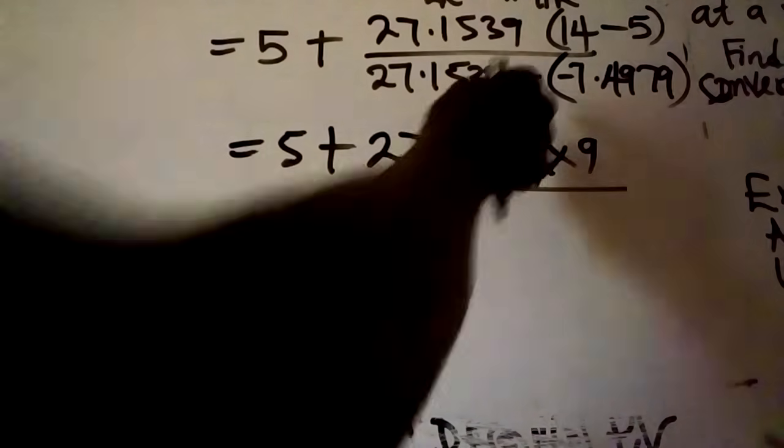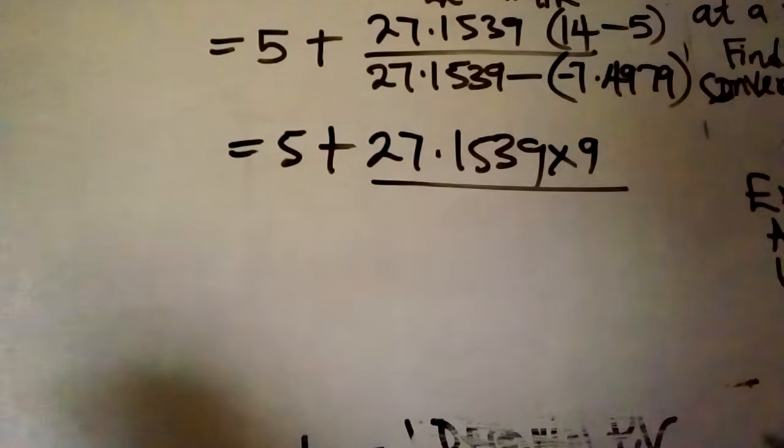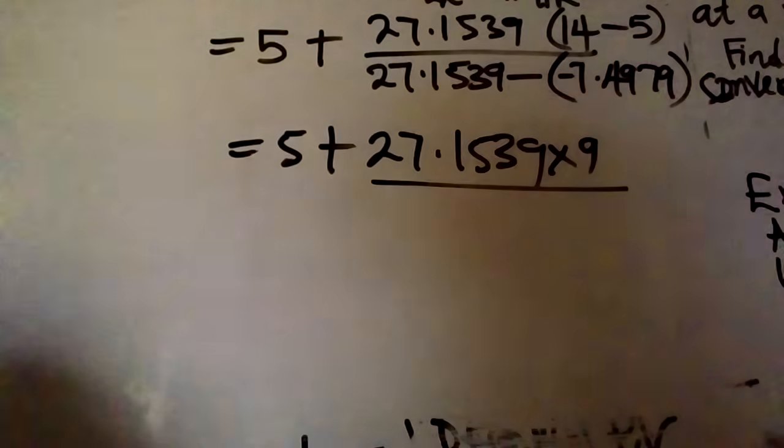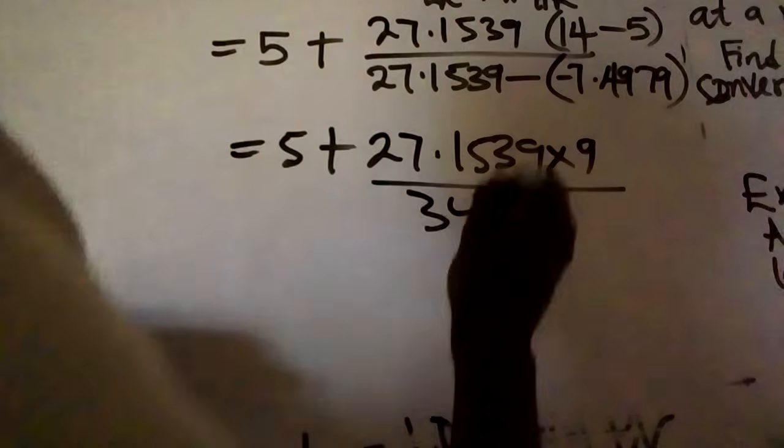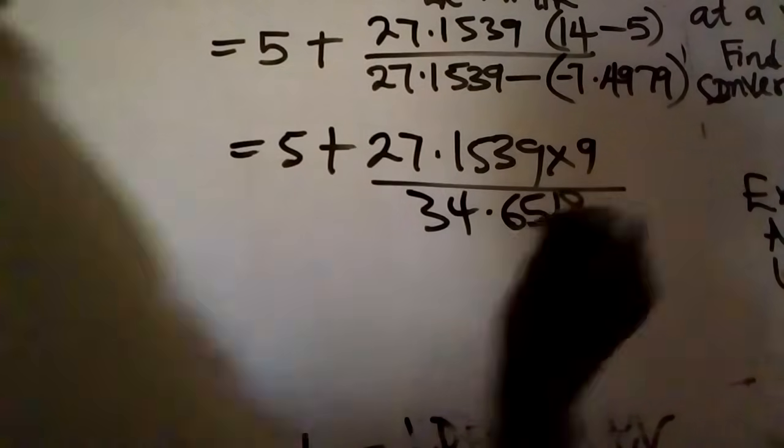27.1539, the minus and minus become plus, plus 7.4979. Then we have 34.6518.